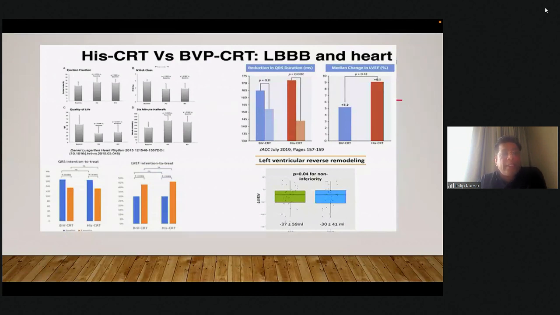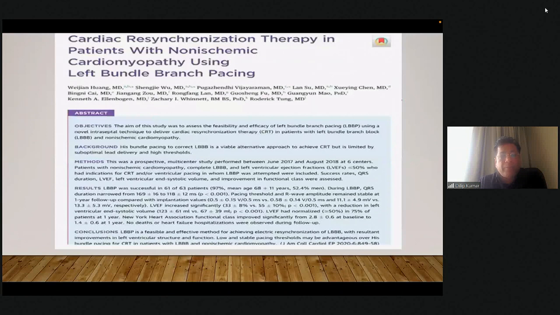These are initial studies with HIS CRT, and they give us an idea that HIS CRT can give you a QRS which can be narrower than BIV, and the ejection fraction improvement can be better than conventional BIV, and also the LV end-systolic volume reverse remodeling can be more favored with conduction system pacing.